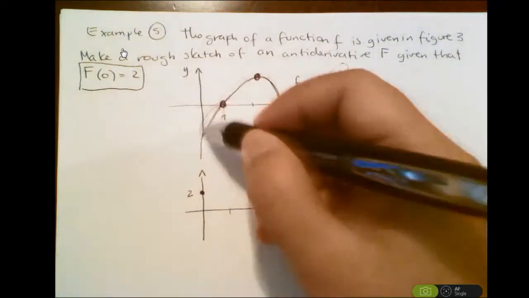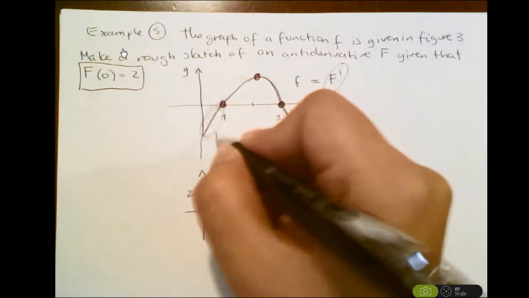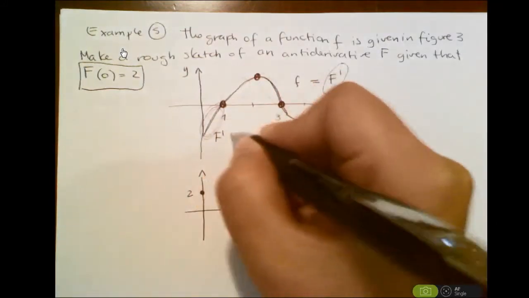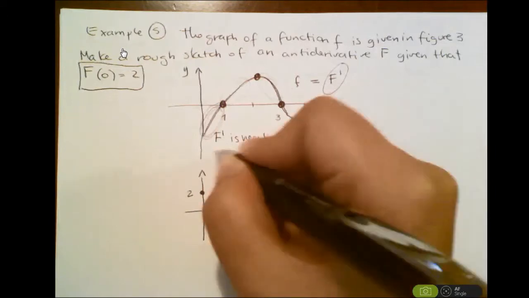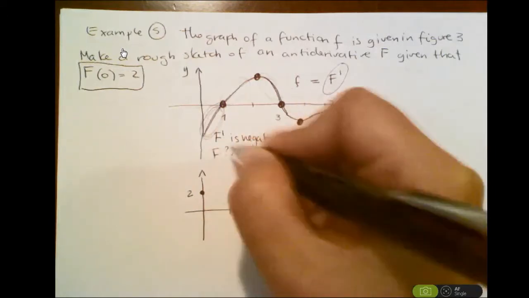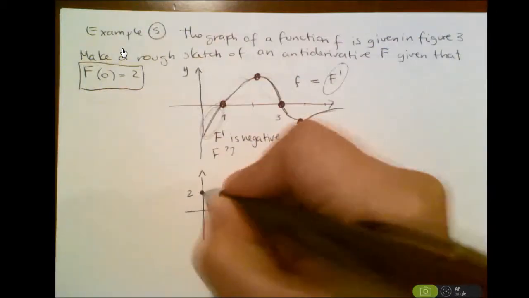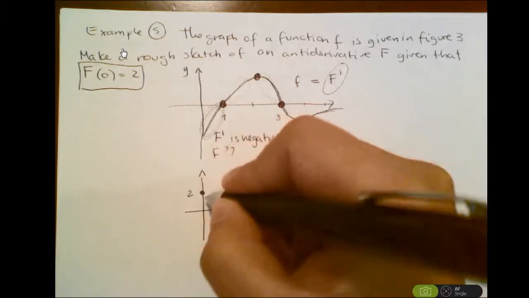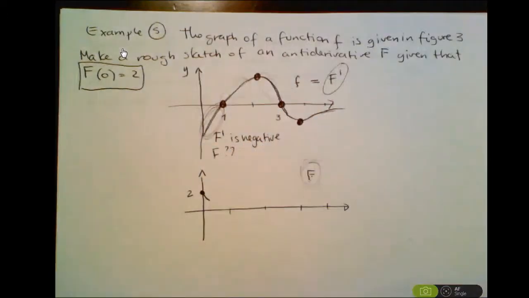In here, f is the same as capital F prime, and you know that F prime is negative. So what can you say about F if you know that F prime is negative? The only thing you can say is that it's decreasing. So from here, instead of going up, you know it's going to go down. That's the first thing that you know.